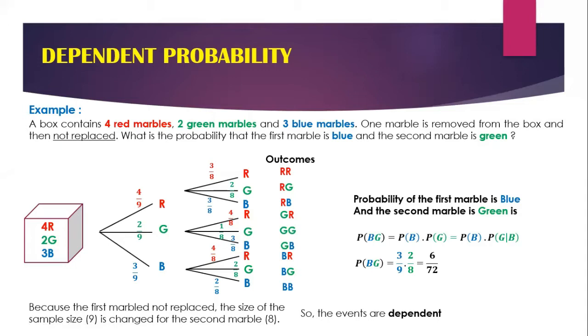The correct characteristic of dependent probability is not replaced. The characteristic of dependent probability is not replaced. Clear, everyone? Okay, thank you. Go to the next example.